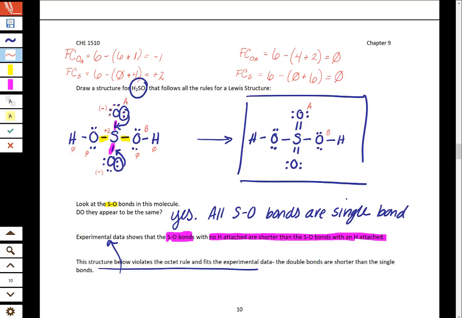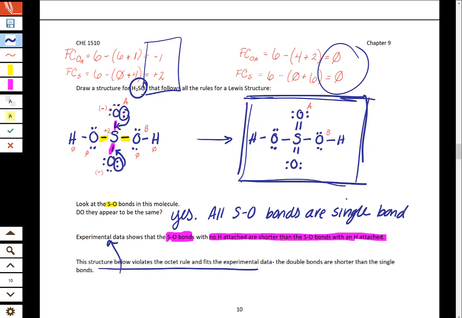So look at this. Now what we've done is we've drawn a structure that violates the octet rule, this one right here. And it has 0 formal charge across the atoms that before had a plus 2 and a minus 1 formal charge.